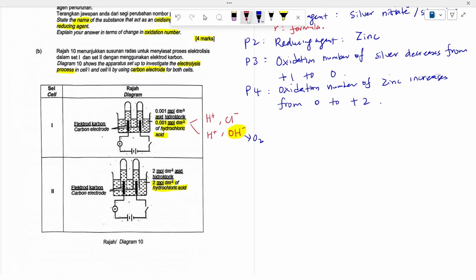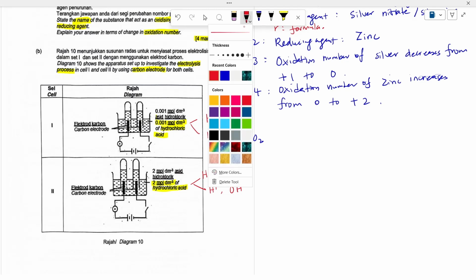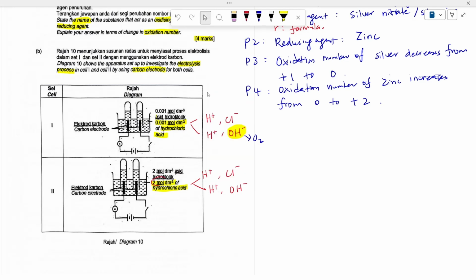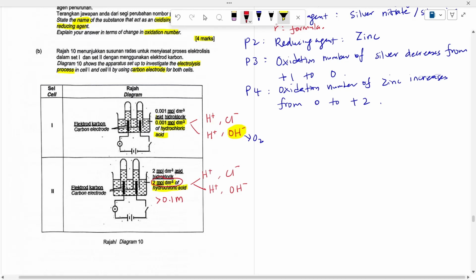Then for set number 2, same hydrogen ions and chloride ions, and from water we have hydrogen ions and hydroxide ions. But in this case, if the concentration is higher, which is more than 0.1 mole per cubic decimeter, the ion that will be selectively discharged is the chloride. Chloride ions.